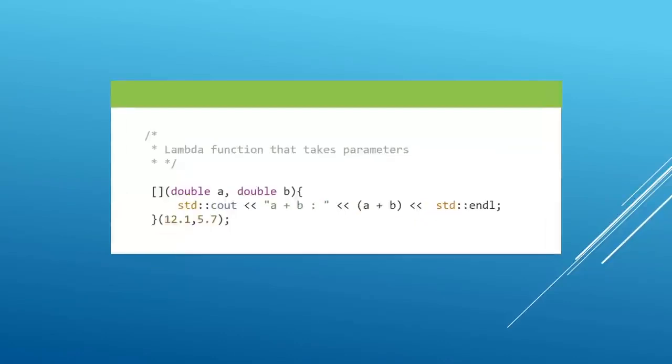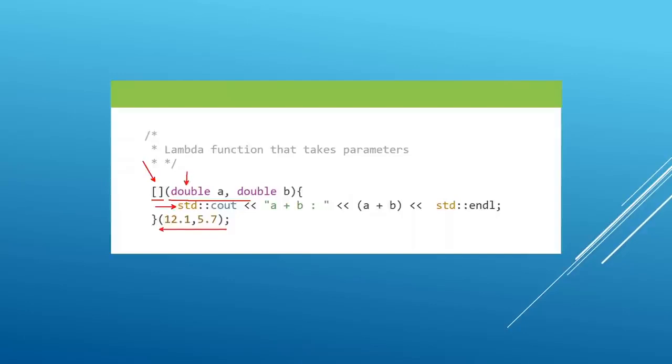Okay, so far we haven't really seen that we can pass parameters to our lambda function. Here is a simple example that takes parameters. This is a lambda function because it follows the syntax for lambda functions. We have our capture list, we have our parameter list, we have our curly braces, and the body is going to live inside these guys, and we are calling this lambda function directly with this parameter list.